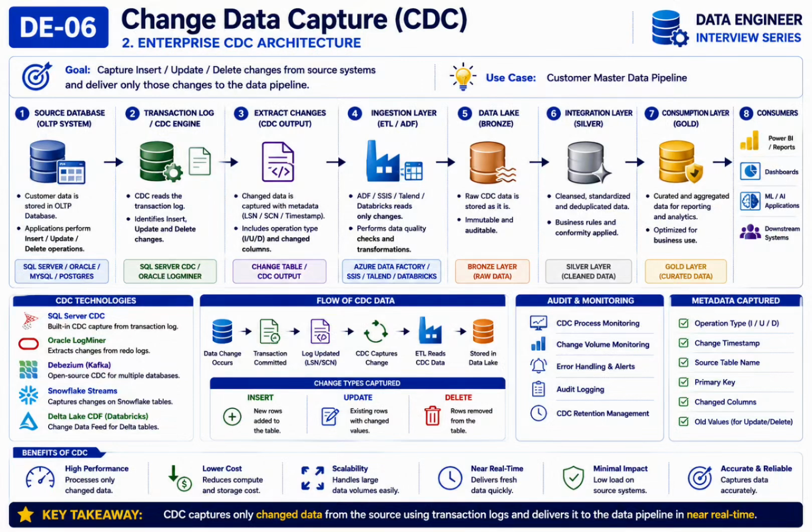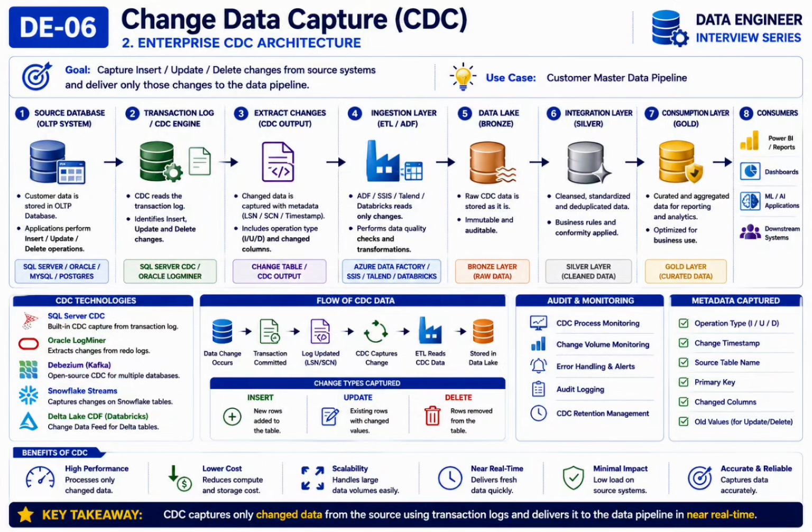Then finally the curated, business-ready data is stored in the gold layer for reporting, Power BI dashboards, machine learning and downstream applications. The key advantage is that every downstream system receives only the changed data instead of processing millions of unchanged rows.